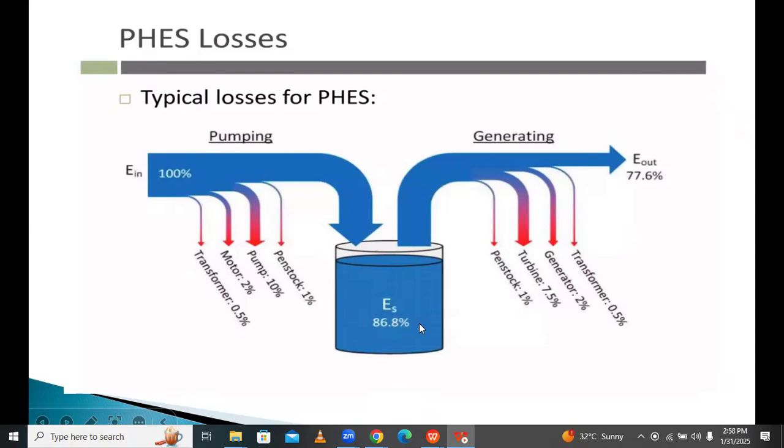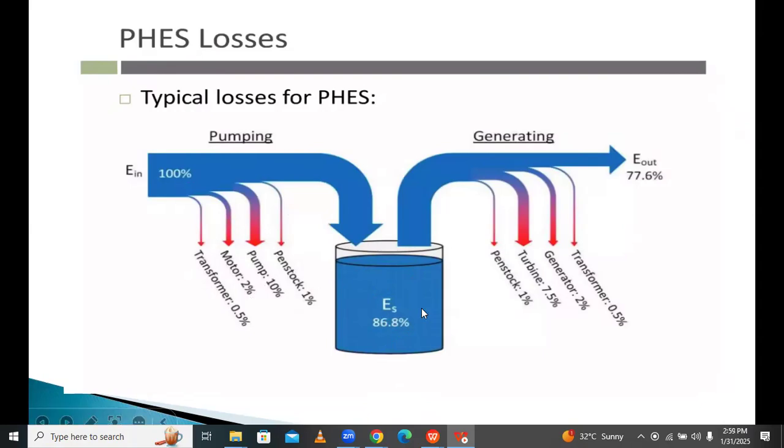That is the stored energy. So losses in PHS: 100% reduces to 86.8% when pumping the water from the lower reservoir to the upper reservoir. Energy waste takes place across the transformer 0.5%, motor 2%, pump 10%, and penstock 1%.